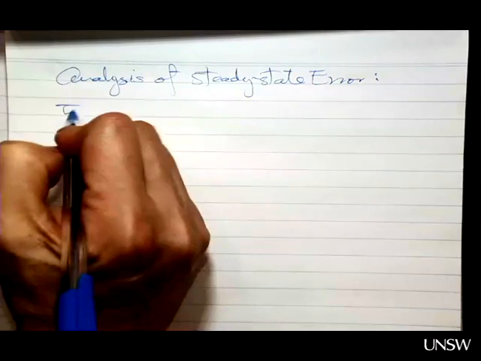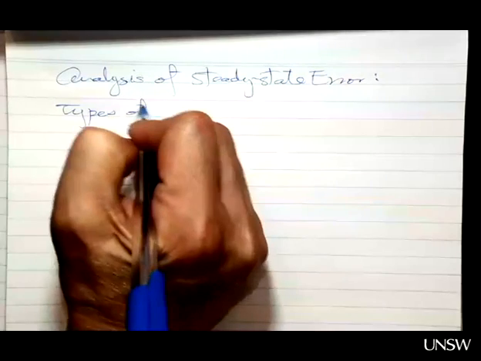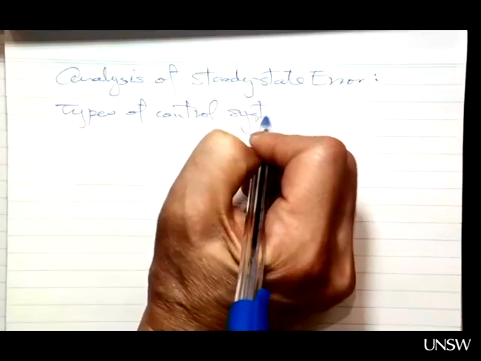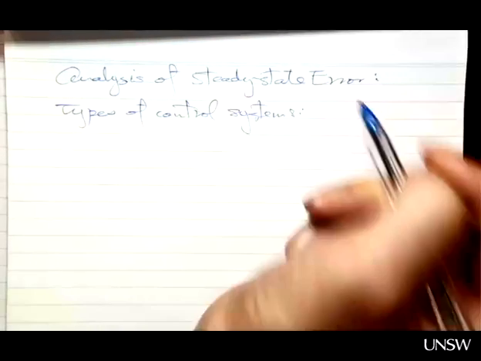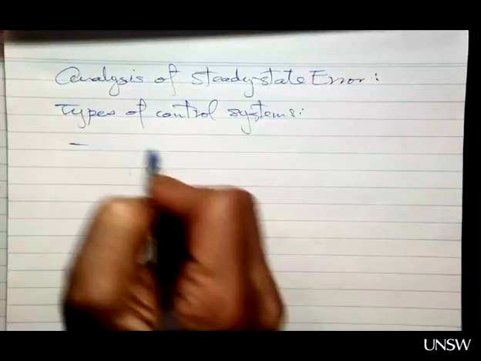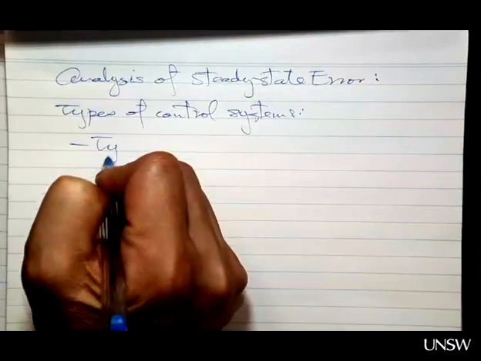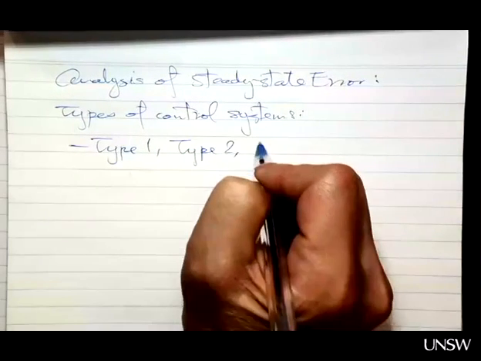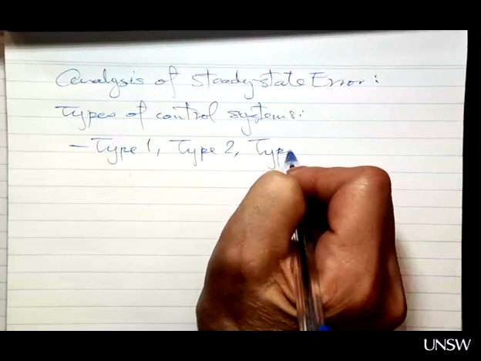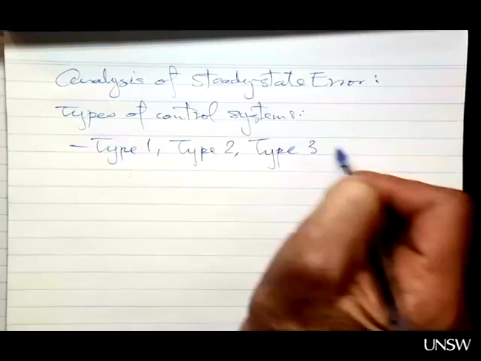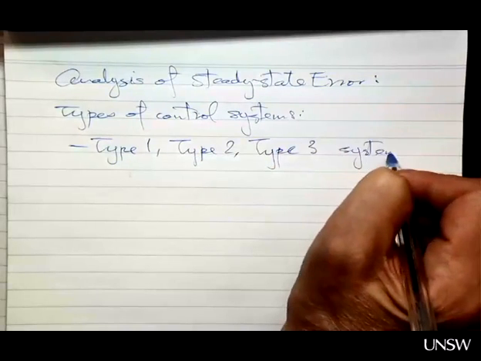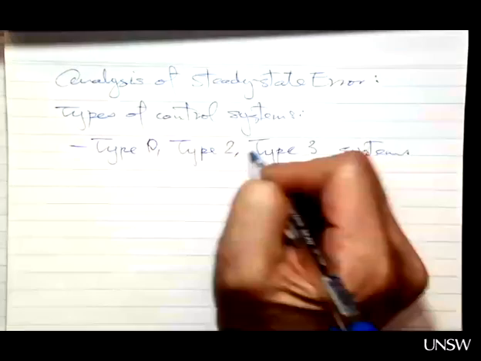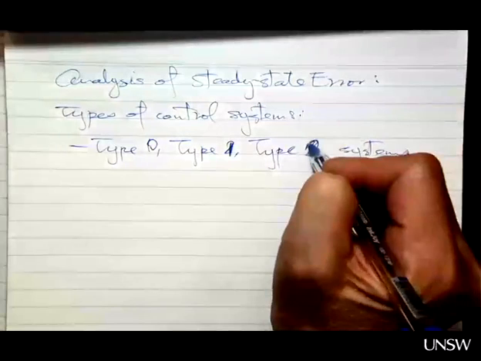Okay. So generally, we have type 0, 1, and 2. We have 3 types.